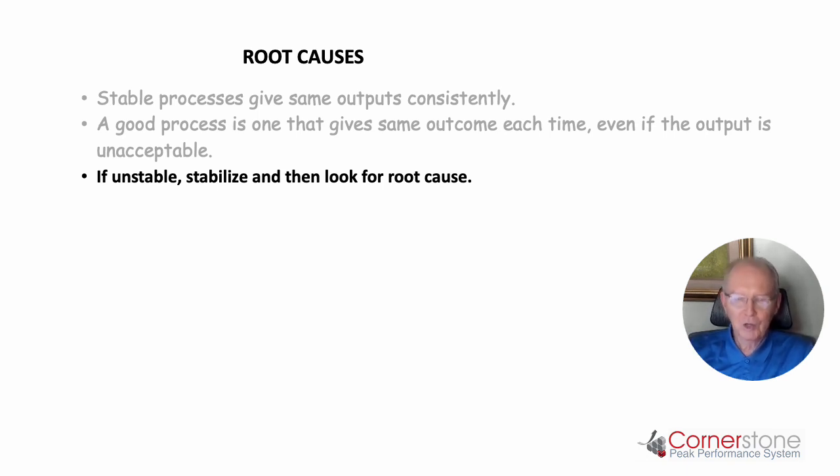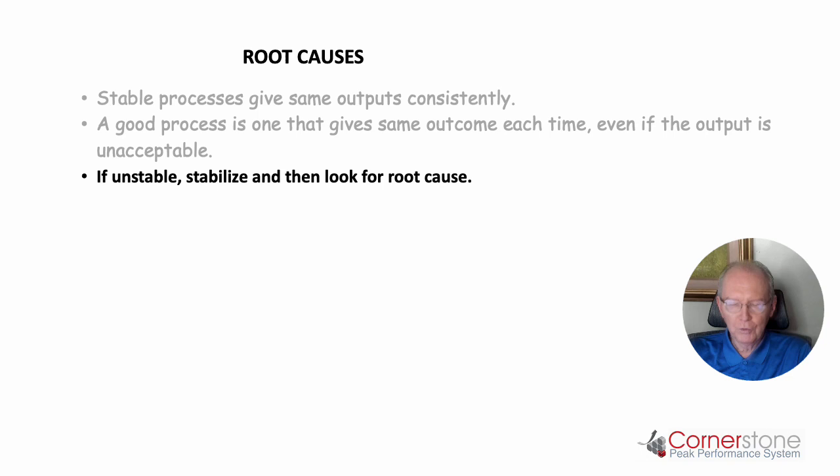Now practically, how does one do this? An unstable process, if it's involving, say, people and machines, there's something that's happening differently all the time. Somebody's doing something different, or they do it one way this time and another way another time, or they're just not following the process.